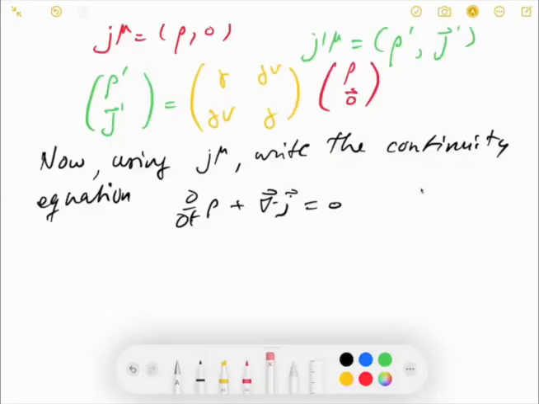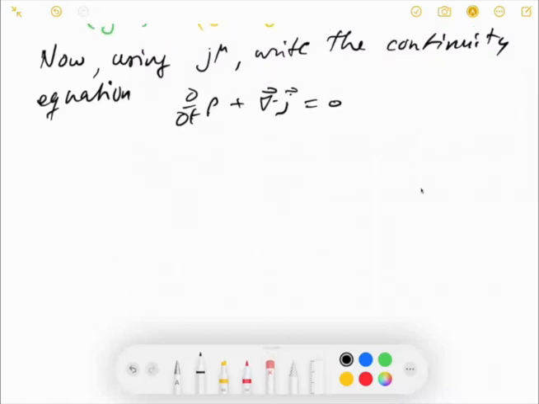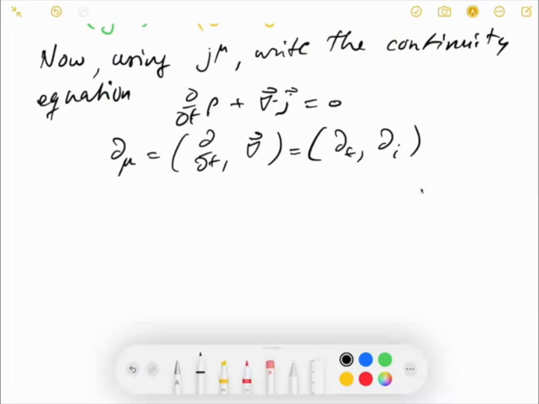All right. So the trick here is that, of course, this operator, which is d/dt and gradient, or if you want to do it, del t, del i, if you let that act on the current 4-vector, you get the continuity equation, right?